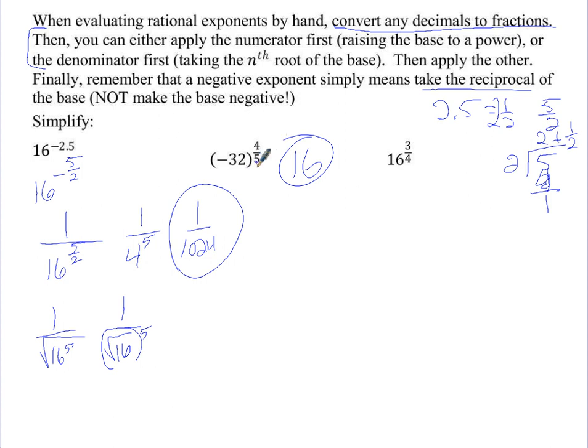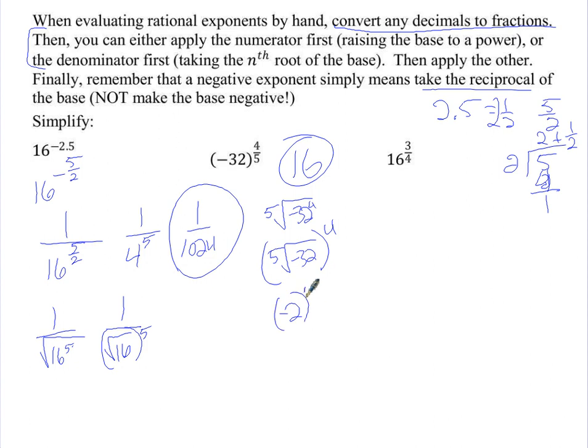Well, we said I could convert this to the 5th root of negative 32 to the 4th power. Or I could write it as the 5th root of negative 32 all to the 4th power. This is what I did. I took the 5th root first. The 5th root of negative 32 is negative 2. The number times itself 5 times that gives me negative 32 is negative 2.